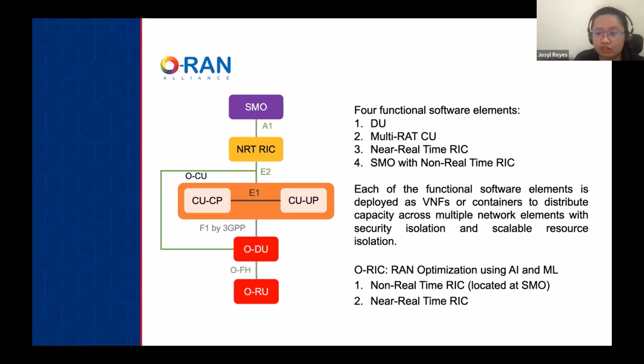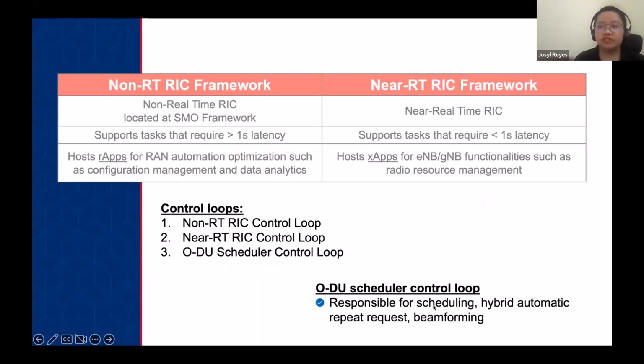We are already familiar that RAN optimization can be done using AI and ML, or machine learning. The non-real-time RIC is at the SMO, while the near real-time RIC is not necessarily at the SMO. Here we will also see the different loops in the RAN.